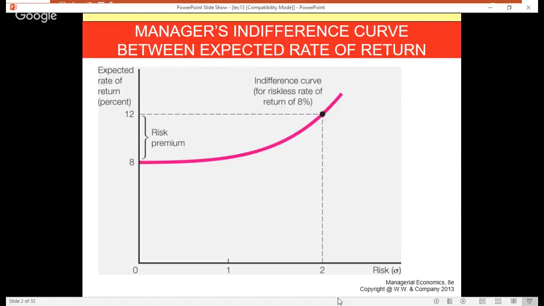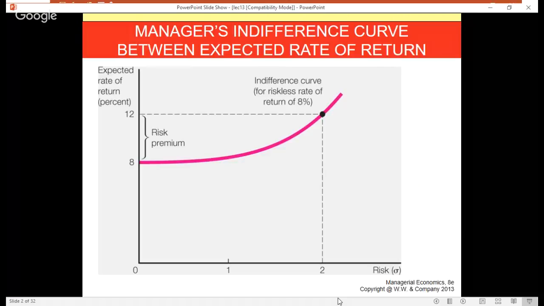Okay, so this is it. Here, my last graph, I have standard deviation, measured by risk, on the horizontal axis. I have the expected return on the bond, not the same. If there's zero standard deviation, zero risk, it pays 8%.